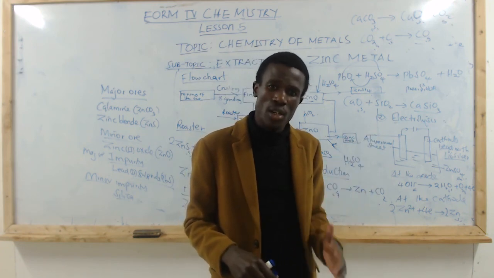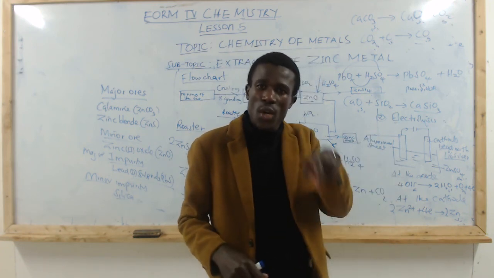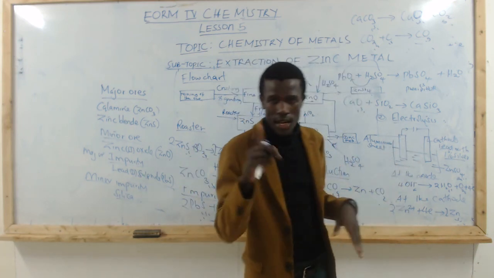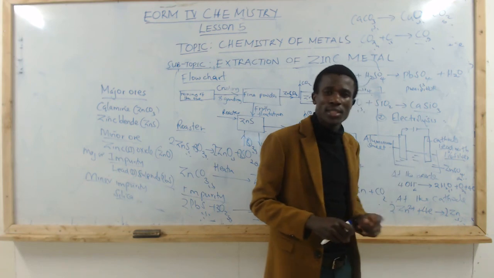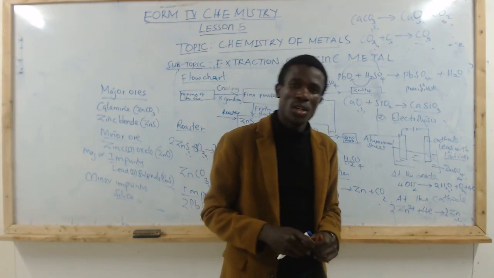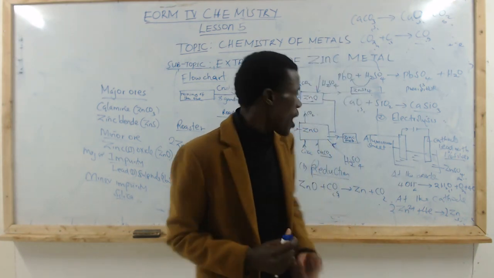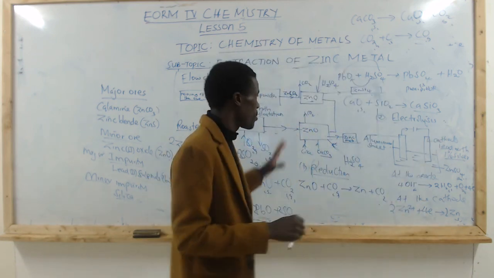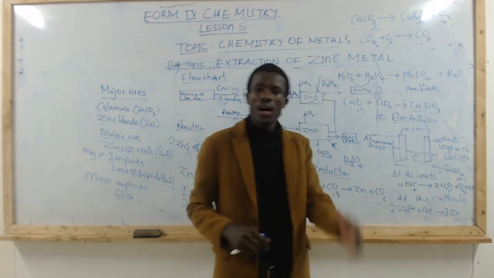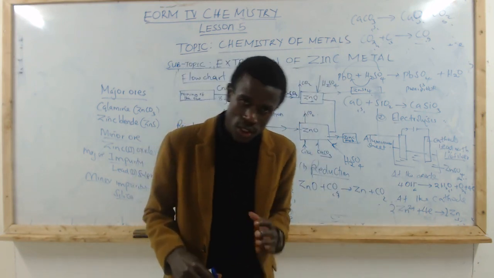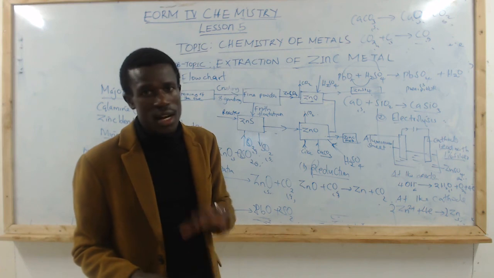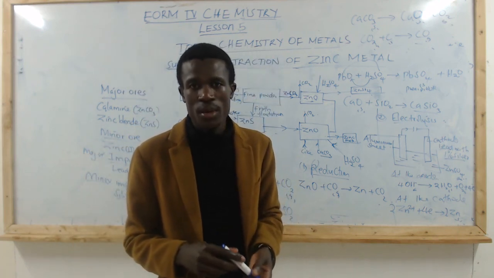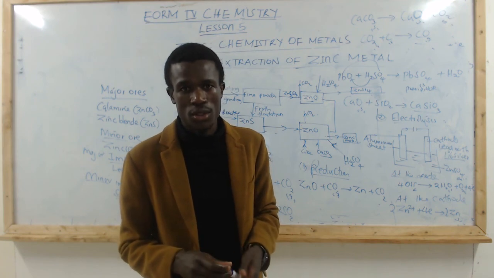So for zinc metal to be formed at the cathode, we must use aluminum sheet as the anode, and lead with 1% silver as the cathode. After having obtained zinc, you can subject zinc to a purification process. And that marks the end of extraction of zinc from its ores.